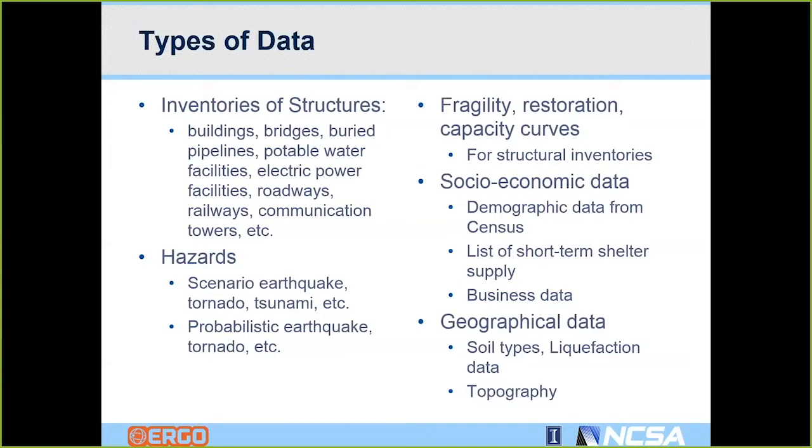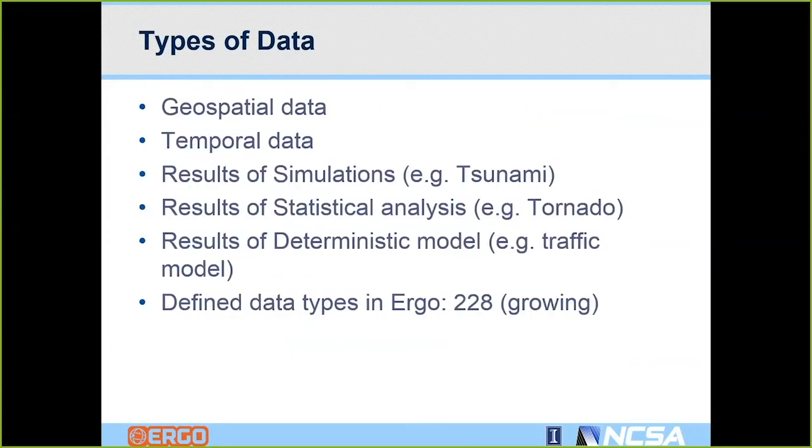The socioeconomic data we're interested in, so getting short-term shelters that are available. There's a lot of geographic data, so we need to know soil types, liquefaction data. All this can help augment the model so that we can better understand how the earthquake is going to affect the different structures. So all this data is geospatial, there's temporal data, there's results of simulation.